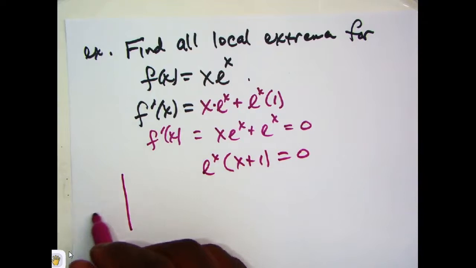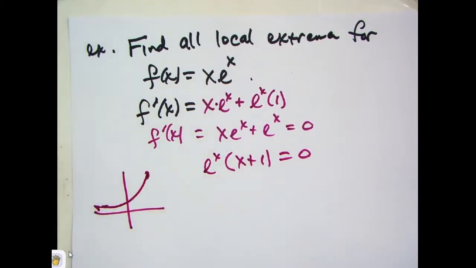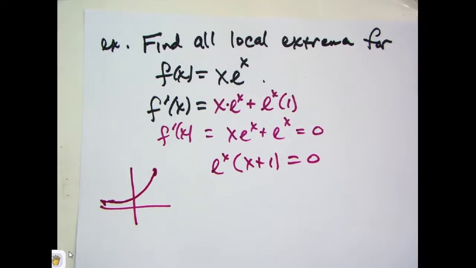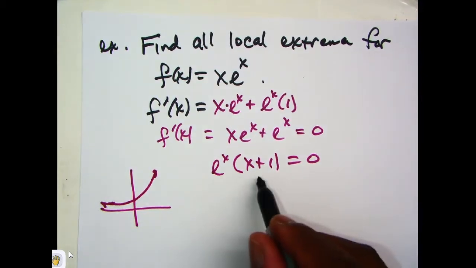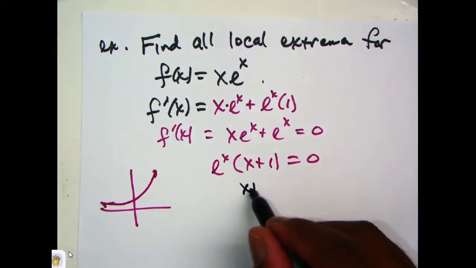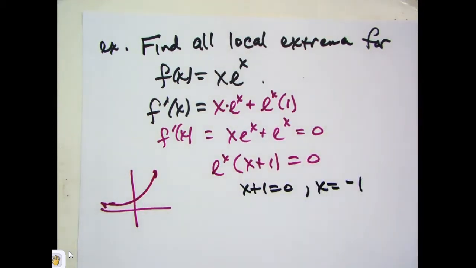The graph of e to the x does this. It's never negative, it's never equal to 0. So the only time this derivative is going to equal 0 is when x plus 1 is equal to 0. All right, so your graph is equal to 0 when x is equal to negative 1.